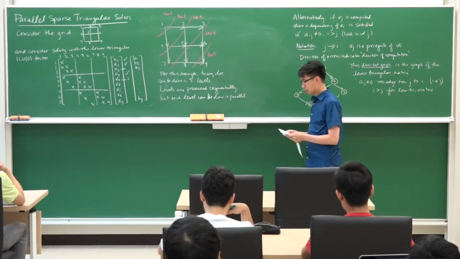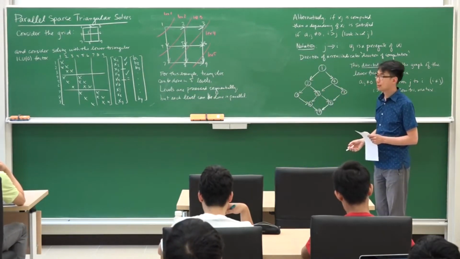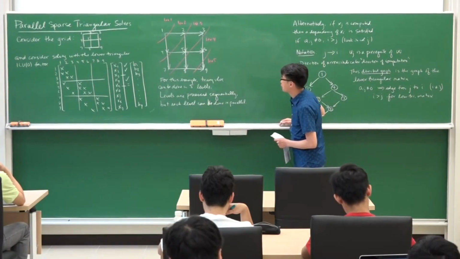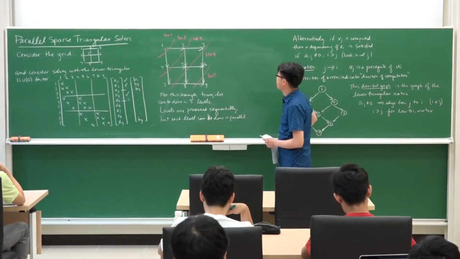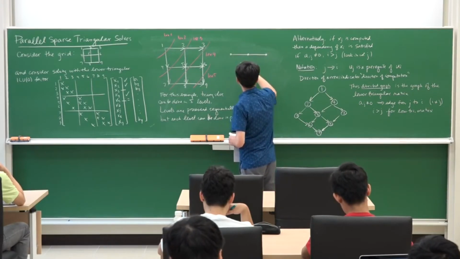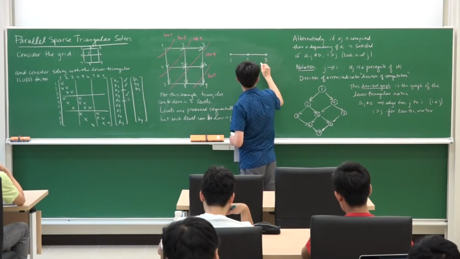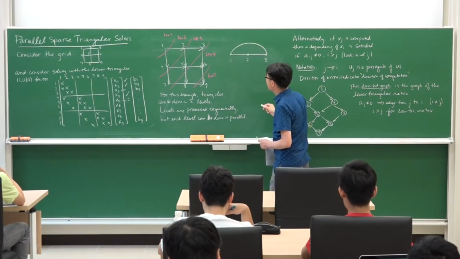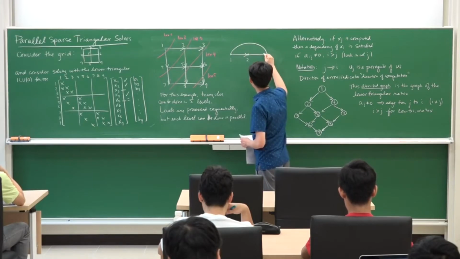Okay, so this was just a very small example, and let's try to look at some more interesting examples. Suppose that we have this graph, 1, 2, 3, and all of the arrows point from the low number to the high number.